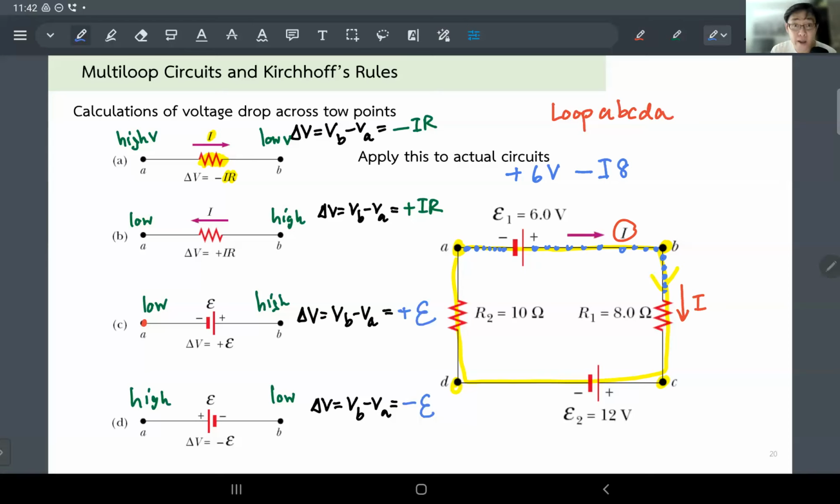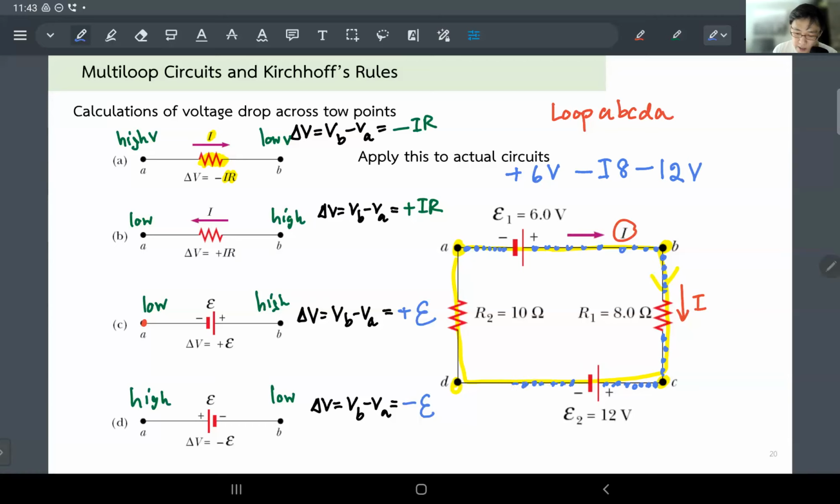Because you're going downhill, going with the current's flow, keep going. Point C, turn. Now you hit a source at the positive terminal of the source. You're going from positive to negative. You're going downhill because you're going to the negative side of this. So you're going to a lower potential of negative 12 volts. Keep going.